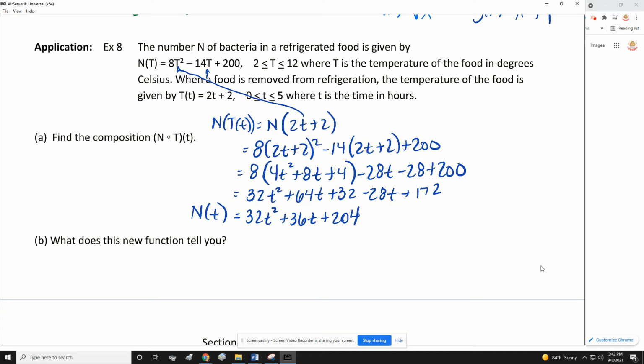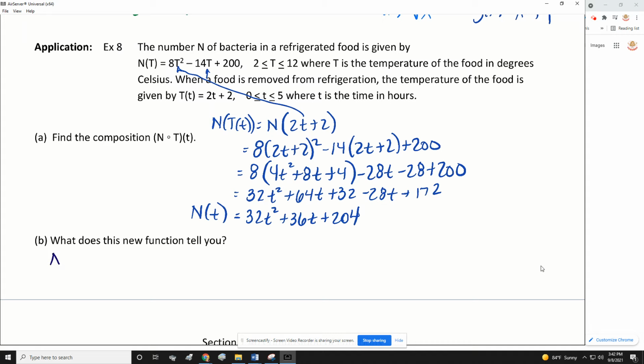Okay, and then I changed the directions a little bit because what we had on there before wouldn't work without a calculator. It'd be a little much to try and do. So let's just tell what this function tells us. So remember, lowercase t is time in hours. N is the number of bacteria.